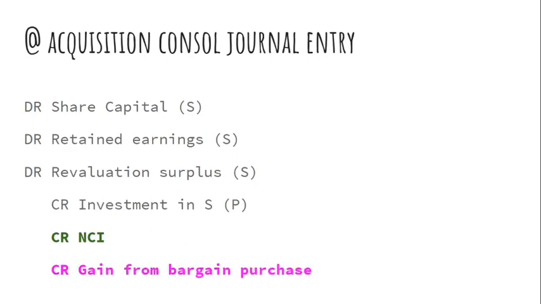When there is a gain from bargain purchase that originates through the at acquisition consolidation journal entry, you'll have an additional credit entry to this journal. Remember, the new items that you recognize through this at acquisition journal entry is your non-controlling interest, goodwill, or gain from bargain purchase.